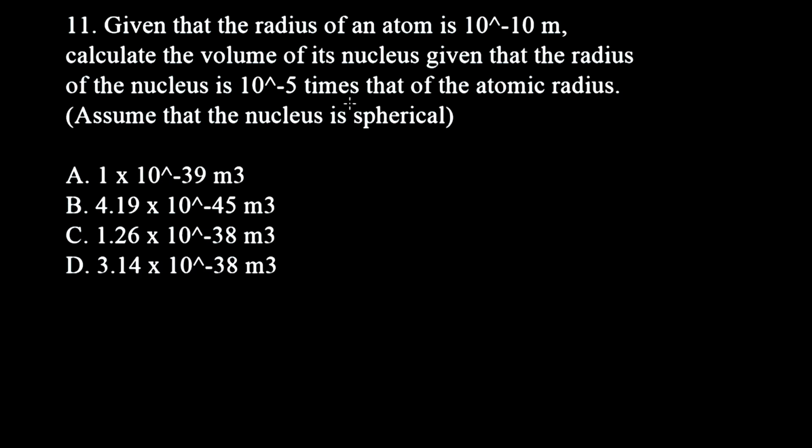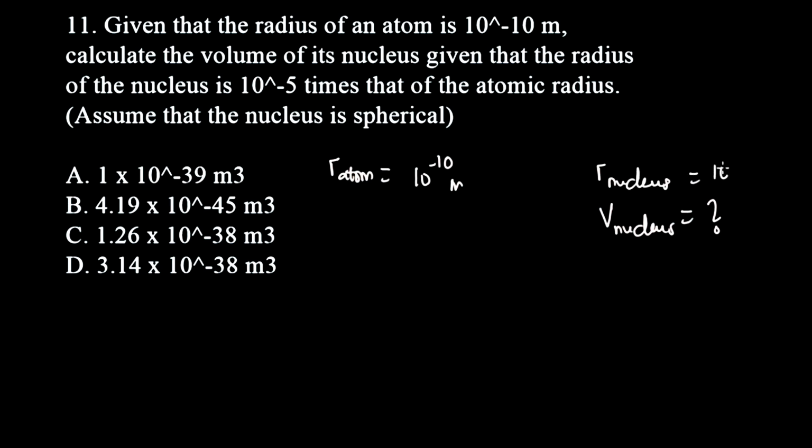Alright, so looking at this question, given that the radius of an atom equals 10 raised to power minus 10 meter, calculate the volume. So let's say the volume of nucleus is unknown, right? So the radius of nucleus is given to be 10 raised to power minus 5 times the radius of atom. So we're assuming that the nucleus is spherical, so volume is 4 over 3 pi r cubed.